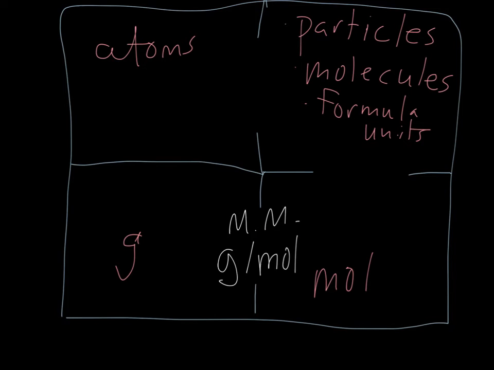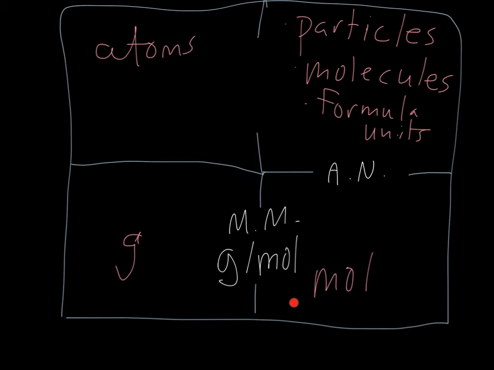Now, to pass from moles into the particles, molecules, and formula units area, we need that other new thing we learned today, Avogadro's number, which is really a ratio. It says that there are 6.02 times 10 to the 23rd molecules for every 1 mole.